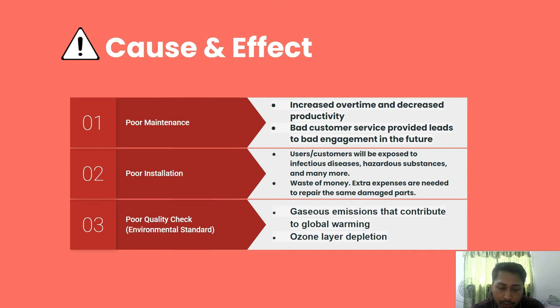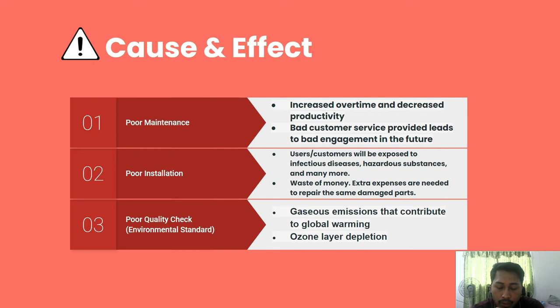Right. So for the last summary, there are 3 big points that we need to look at, which is poor maintenance. Poor maintenance can lead to increased cost over time and decrease our productivity. The second one, bad customer service provided by our employee can lead to bad engagement in the future. After that, poor installation: users and customers will be exposed to infectious diseases, hazardous substances, and many more.